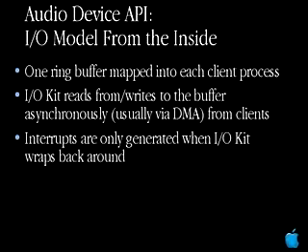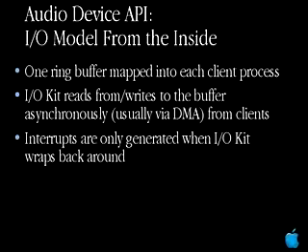So on the inside, what we have is a single ring buffer that gets mapped by IOKit into each client process. Now, IOKit reads and writes to this buffer asynchronously from what the client's up to. In fact, it's usually done via DMA program. We're trying to avoid having to have any kernel threads actually executing to do any audio processing if we can at all help it.